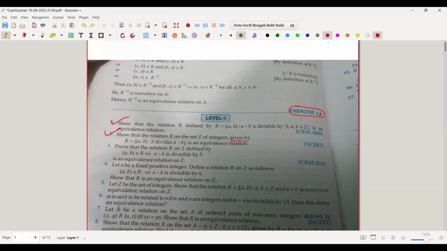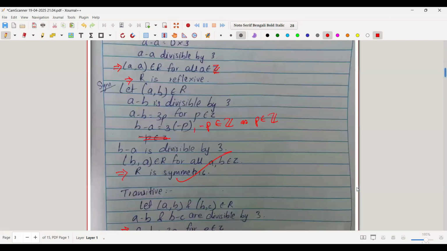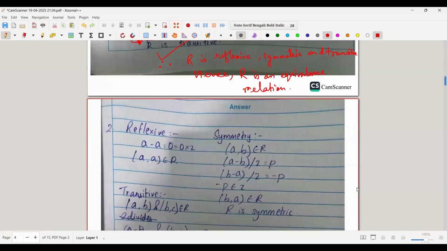You can ignore it. Question number 3. Prove that R is a relation defined on Z by (a, b) belongs to R if and only if a minus b is divisible by 5. These all are basically the same problem.